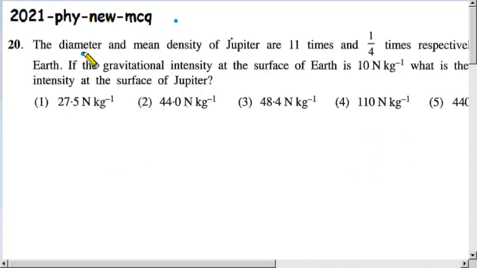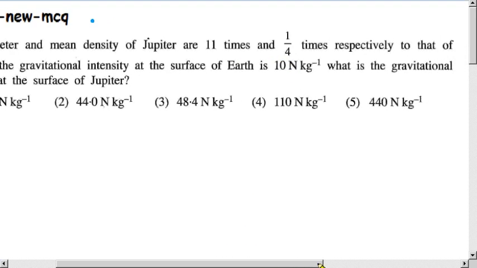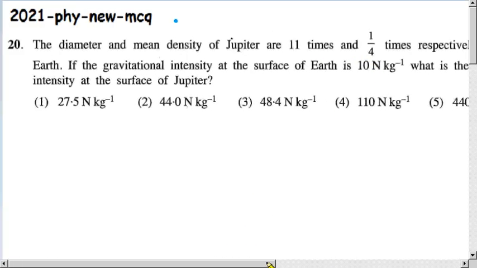Children, now let us try to solve this problem. Question number 20 from the MCQ part of 2021 Physics New Syllabus paper. The diameter and mean density of Jupiter are 11 times and quarter times respectively that of Earth.